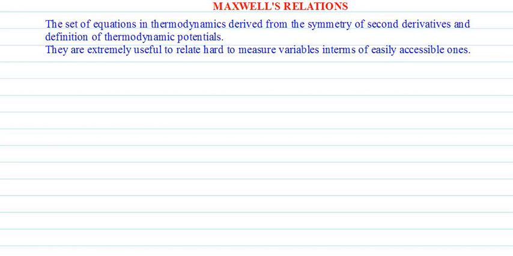Basically, Maxwell's relations are defined as a set of equations in thermodynamics, which are derived from the symmetry of second derivatives and from the basic definition of thermodynamic potentials. They are extremely useful to relate often hard to measure variables in terms of easily measurable or accessible ones.